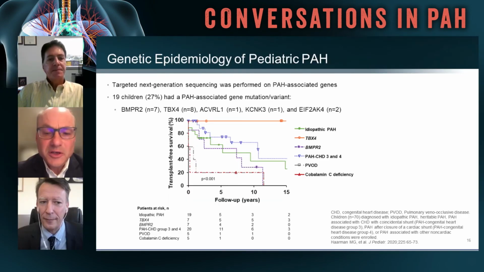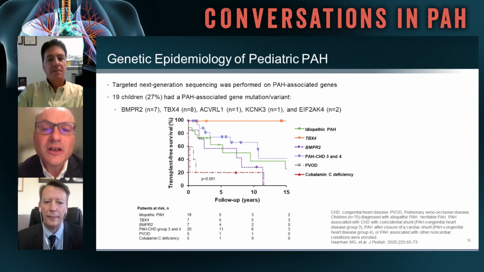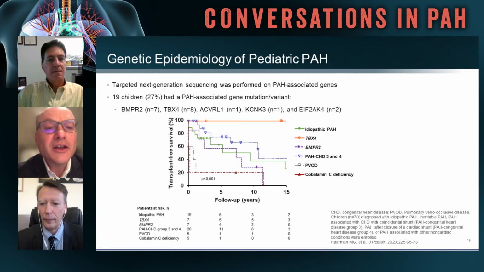Before we wrap up the discussion on pediatric PAH, I want to talk about one study in particular that looks at the genetic epidemiology of pediatric PAH. So this is a paper from the Dutch National Center, and Professor Berger was, I believe, the first to show that TBX4 was causative for PH, and it also is a gene that causes small patella syndrome.